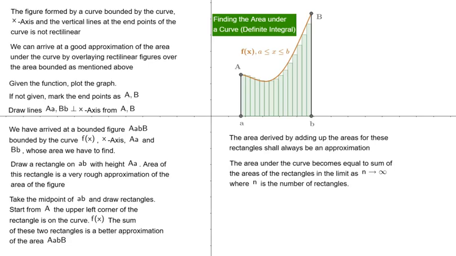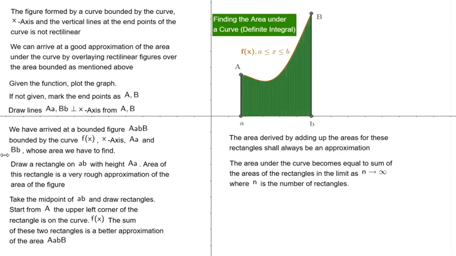So let's see what happens as we keep increasing the number of rectangles. I am at 29 now, 30. Let's take it further. 75. I'm at 161. 186, 200. Now let me directly take it to 300. It is still an approximation.